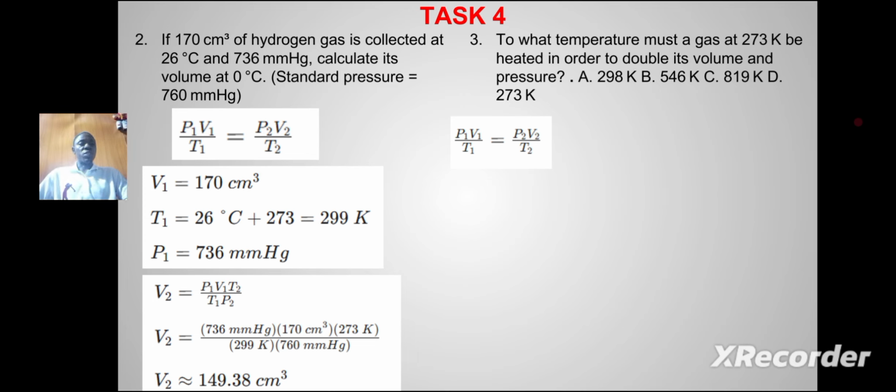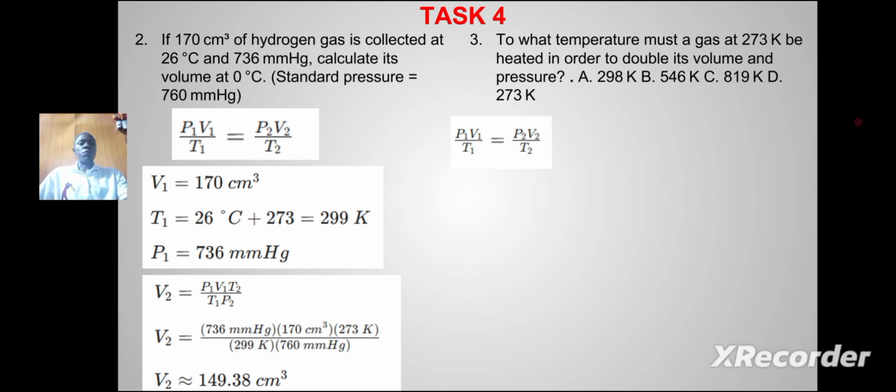Question 3: To what temperature must a gas at 273 Kelvin be heated in order to double its volume and pressure? This is a multiple choice question. They're asking you for a final temperature, and an initial temperature was provided.